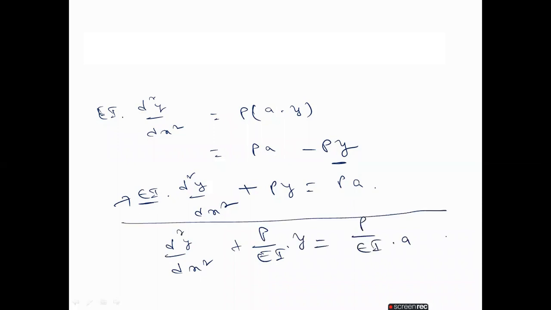This is the entire equation we got when we equate both equations. Now, as we discussed in the previous derivation, we take alpha square equal to P by EI, that is, alpha equals square root of P by EI.